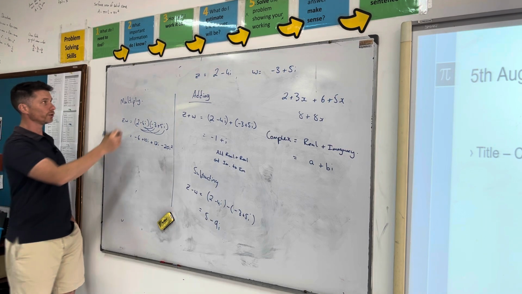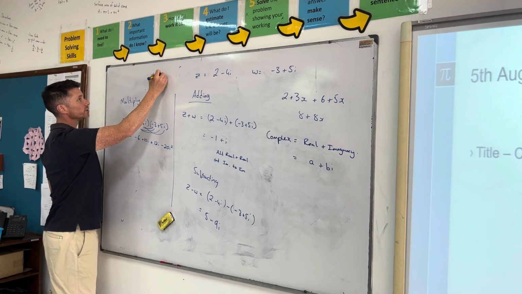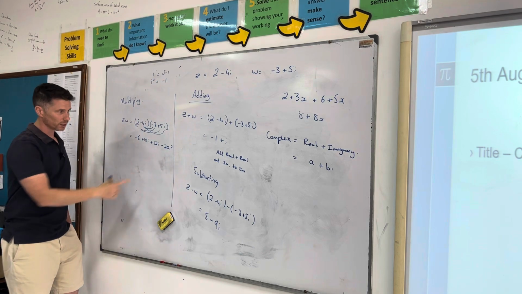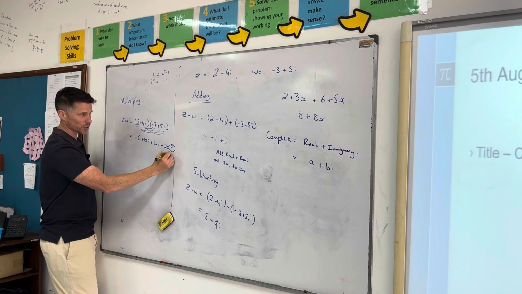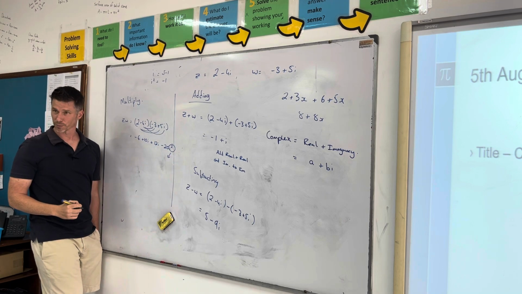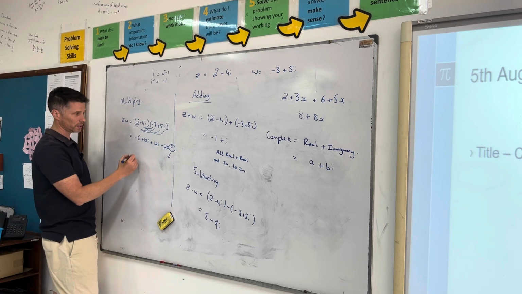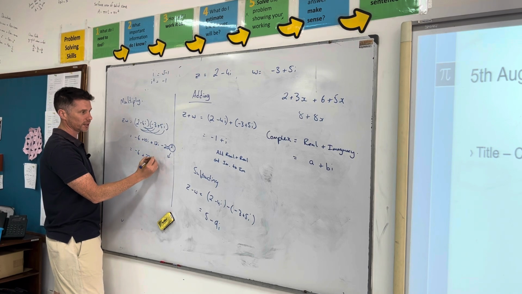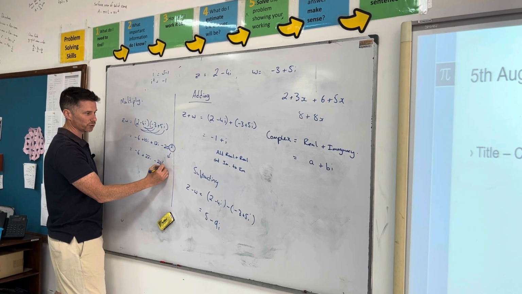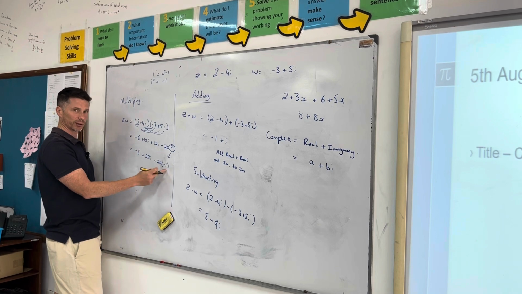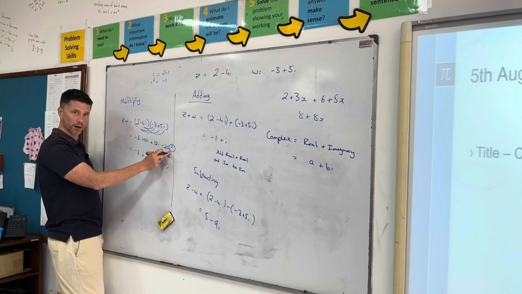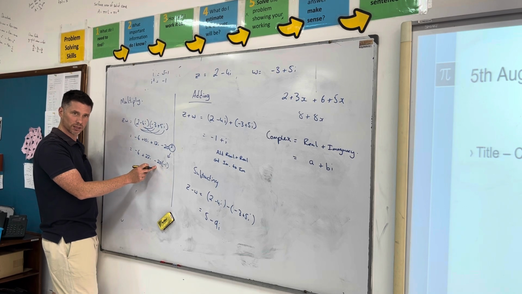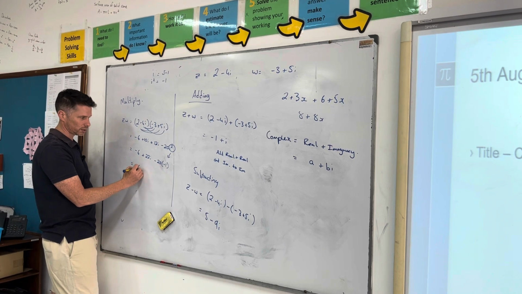Earlier on, we did this whole thing where i was the square root of minus 1, and i squared is minus 1. This comes up in every complex numbers question. So technically, we've 6 plus 12i, and now we've minus 20 i squared. You'd never write it like this because you get there quicker than I do, but i squared is minus 1. And minus 1 times minus 20 is plus 20.